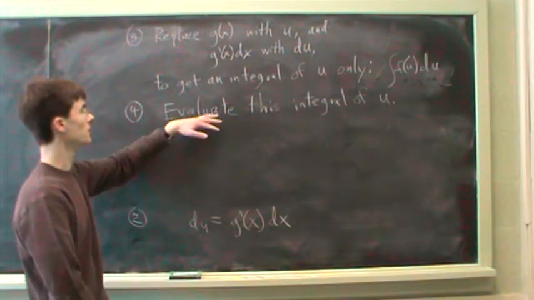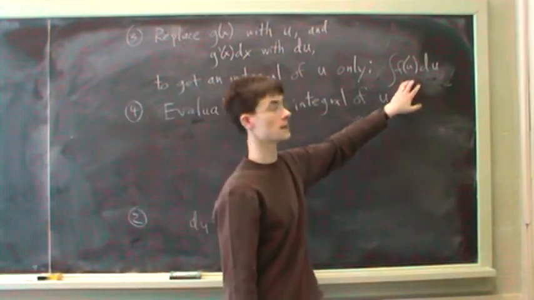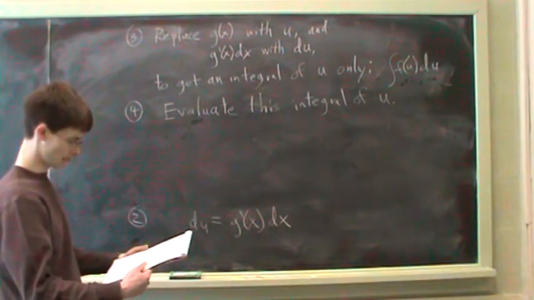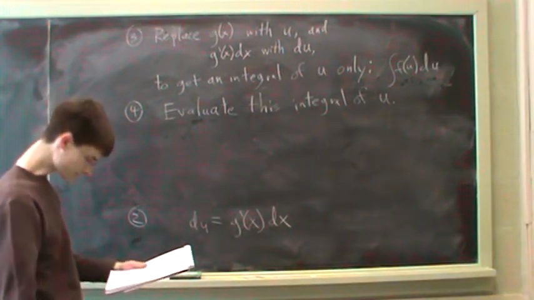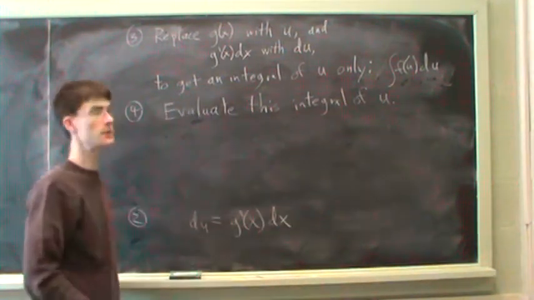So if you can't do this step, go back and try some other function of x for u. But hopefully you've made the integral much simpler, and you can do this integral of u.